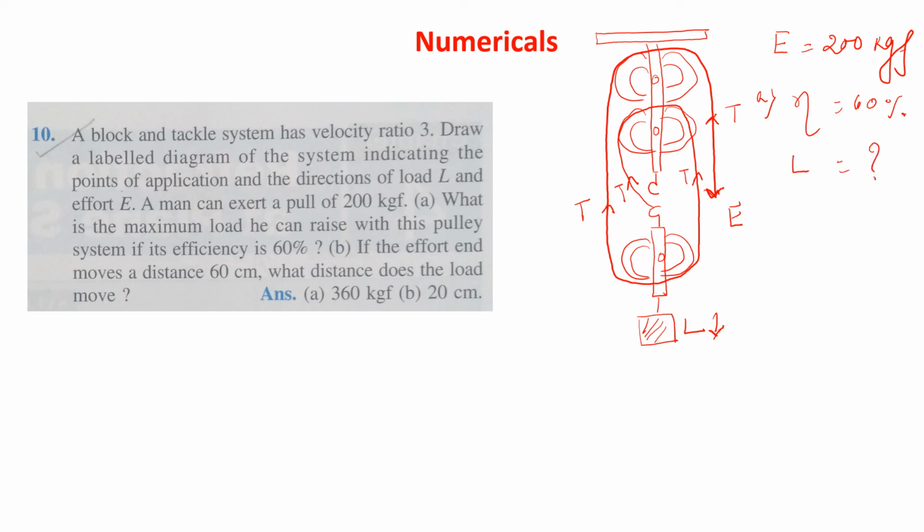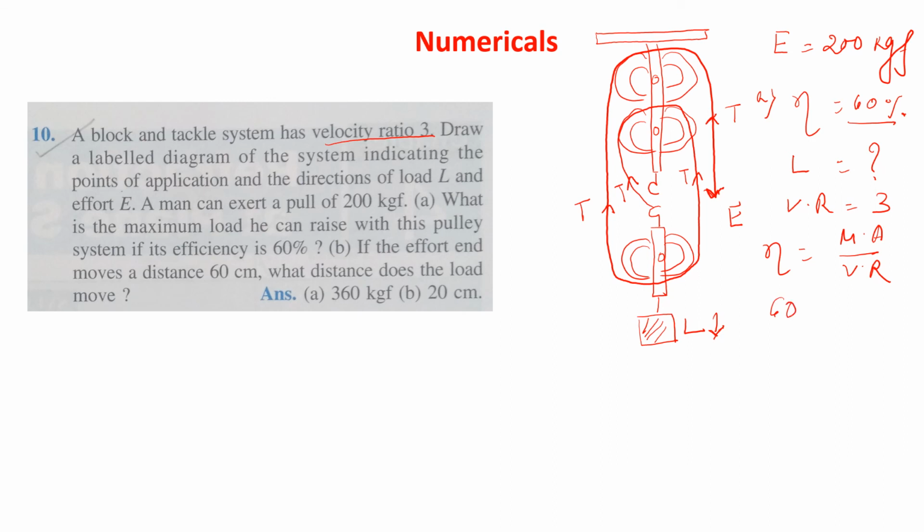So from here, first we have to calculate the efficiency is given and the velocity ratio is given as 3. So velocity ratio is equals to 3. From there I have to find out mechanical advantage first. So efficiency eta is equals to mechanical advantage by velocity ratio. Now eta is given 60%.